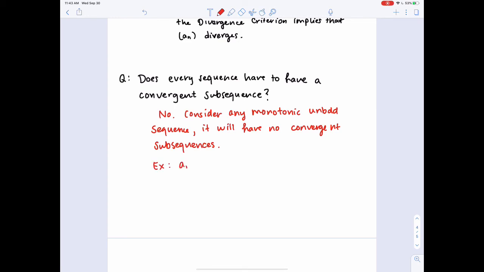I could use a_n to be n. All a_{n_k} are unbounded and increasing. Therefore, a_{n_k} diverges by the MCT.